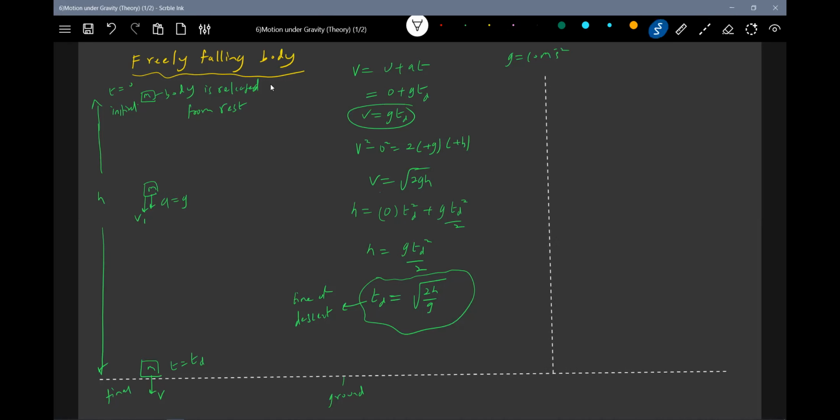We'll have the equations in hand: h equals gt squared by 2, v equals gt. For every interval of time, for t equal to 1, 2, 3, 4, 5 seconds, we will look at the displacement obtained by the body. First let me go for the tabular column.